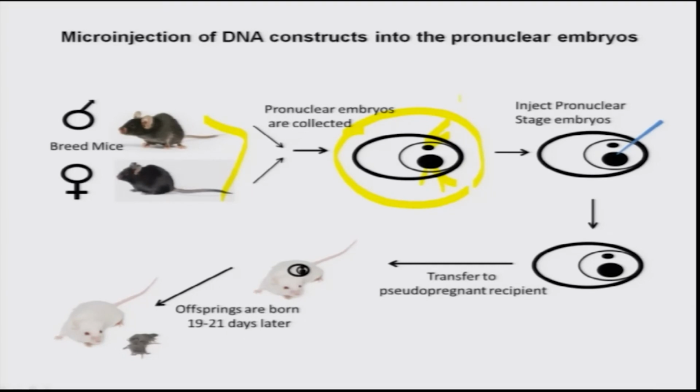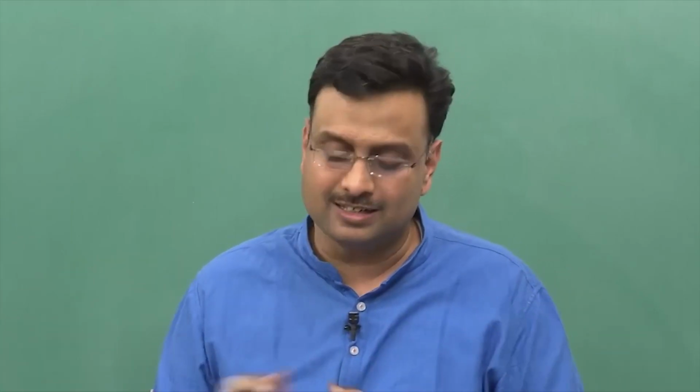That is the stage at which you use very thin capillary needles to introduce your DNA, pretty much injecting the DNA inside the nuclei, right. When you inject, allow it to grow for some time. In this process, when the male and female nuclei fuse together, there will be opening up of the genome, and during this process this DNA may get integrated somewhere.